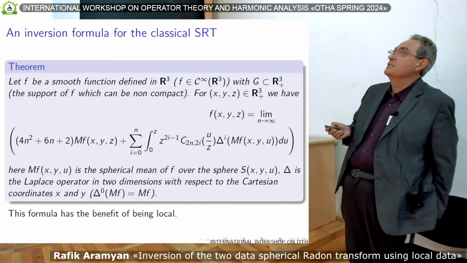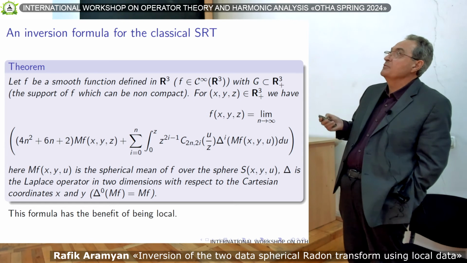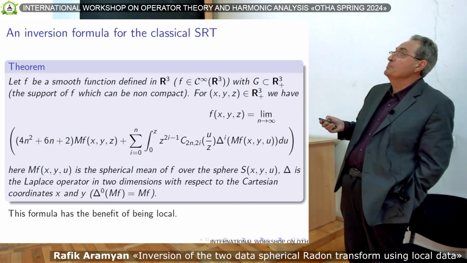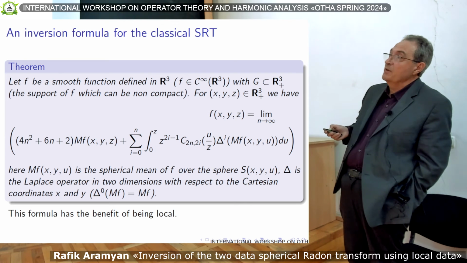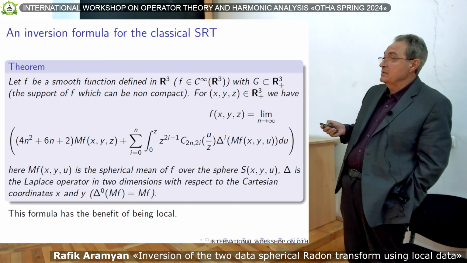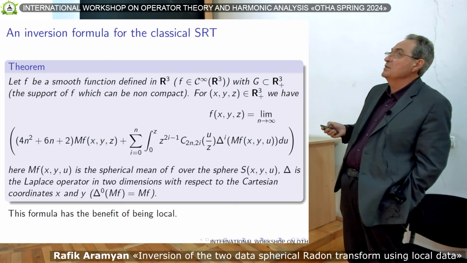So, if f is a smooth function defined in three-dimensional space and supported on one side of the xy plane, where the support can also be non-compact, we have the following expression: f(x,y,z) is the sum of the following integrals.